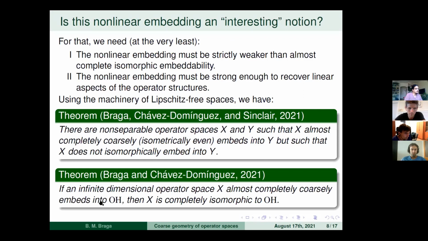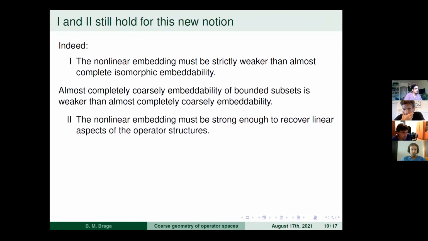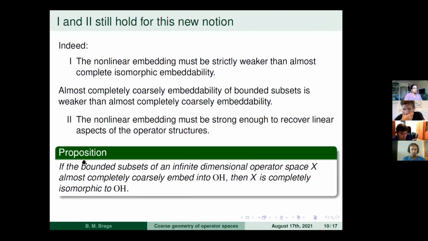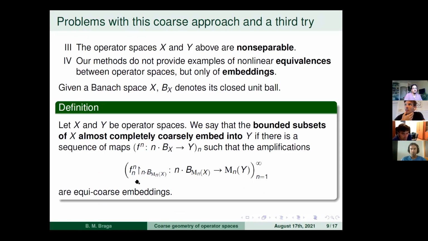Yes, okay. So this OH thing here is doing exactly like that. We are looking at even this stronger result here. We're doing exactly what you're saying with ultrapowers. You're taking the ultrapowers of those maps here. And in the ultrapower, it's going to be defined everywhere. And you can actually get a map, just as you have for Banach spaces, which is going to be a Lipschitz embedding into the ultrapower.